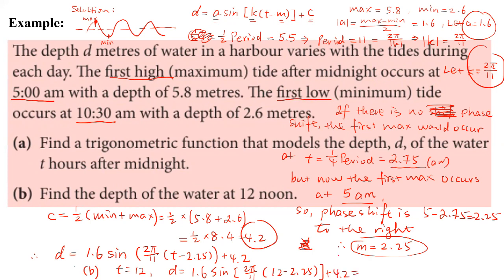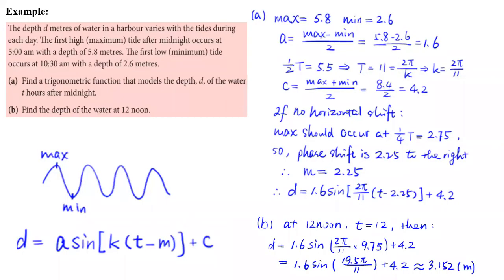This is 1.6 sine of 19.5 pi over 11, plus 4.2. In order to calculate this, you will need a calculator or a spreadsheet on a computer. So the final solution is approximately 3.152 meters. You can also check a clearer, more complete solution in the lecture slides, if you like.